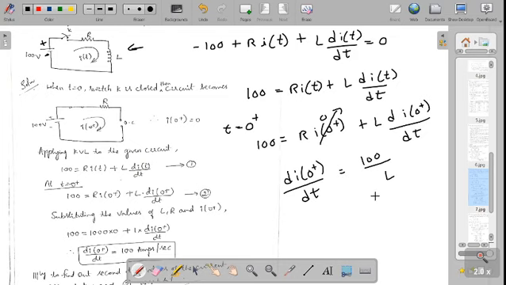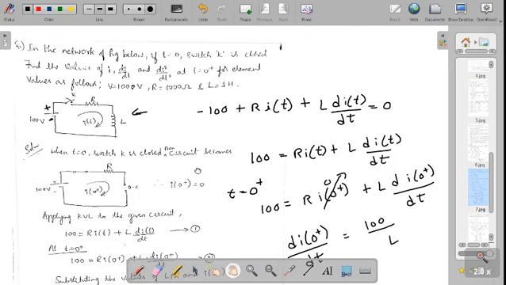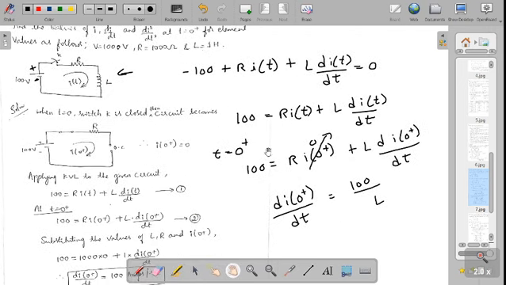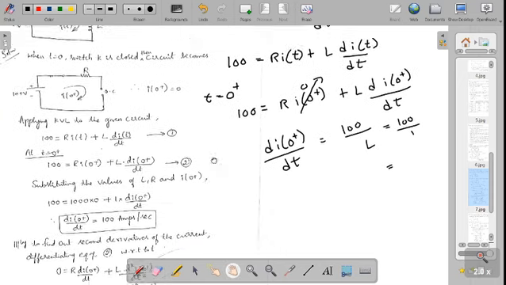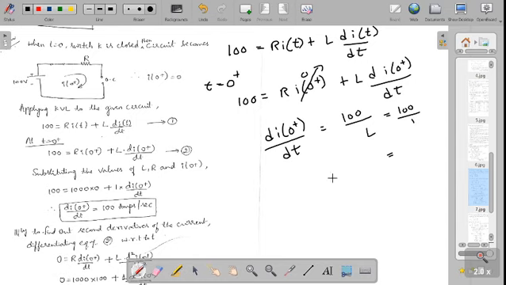So what is the value of L which they have given? Look over here, the value of L is 1 Henry. Substitute that value, so that would be 100 divided by 1, which is 100.